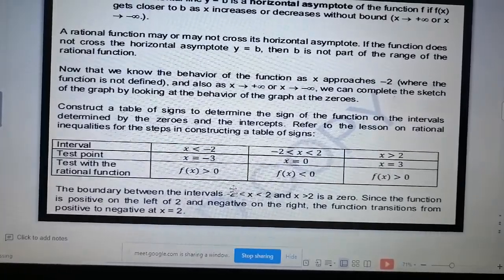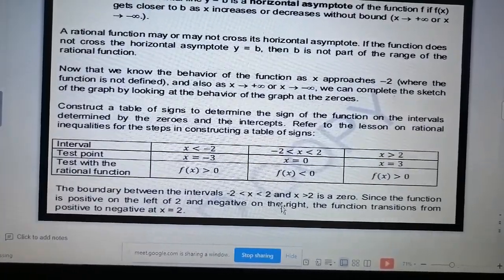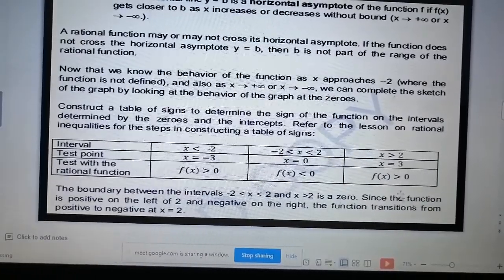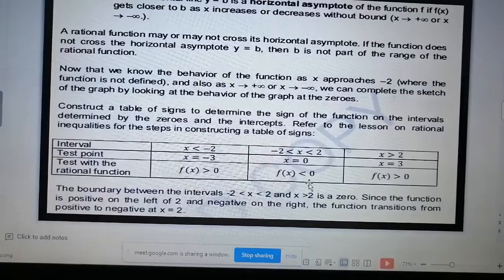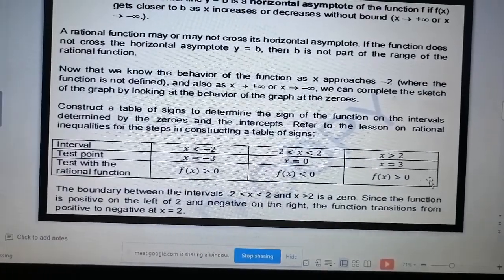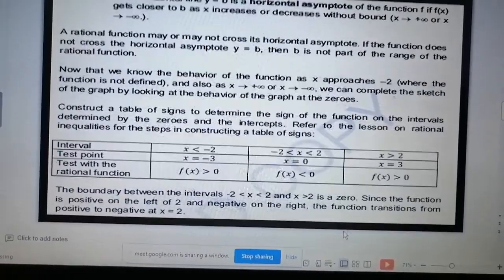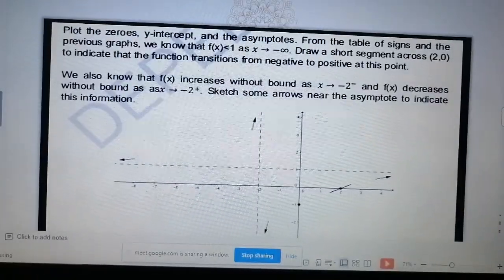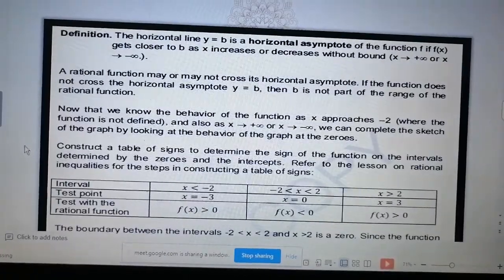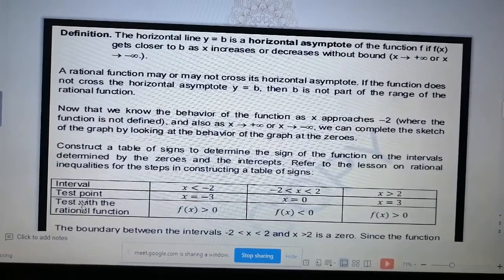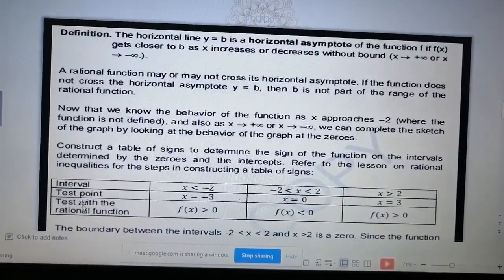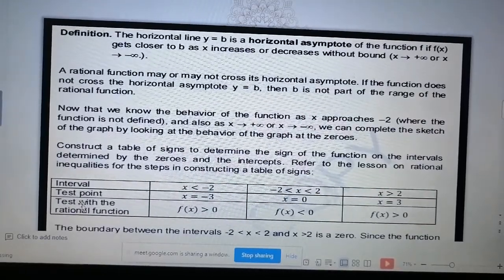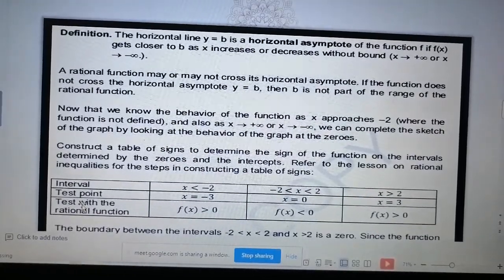Greater than 0, function -0, and function less than 0 and function greater than 0. Wow, naman no. The boundary between the interval is -2, less than x, less than 2, and x greater than 2 is a 0.